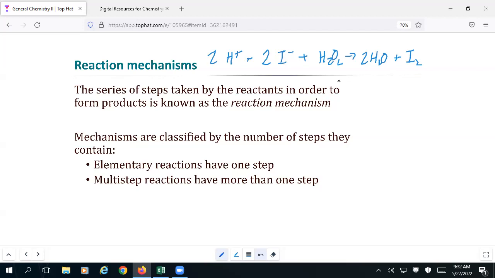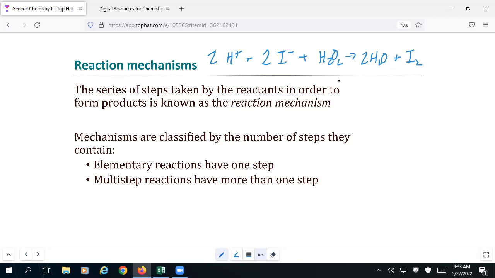And so from that logical standpoint, we have to accept the idea that chemical reactions aren't necessarily going to take place all in one single step. When they do, we call them elementary reactions. And there are some that do. For example, if we have a molecule that is just decomposing, that is going to be an elementary step.